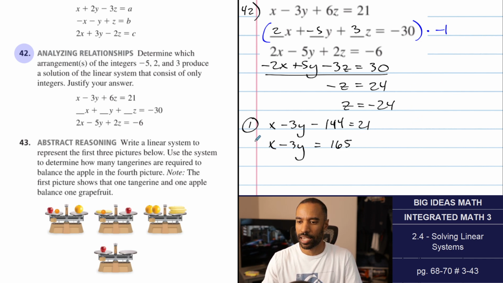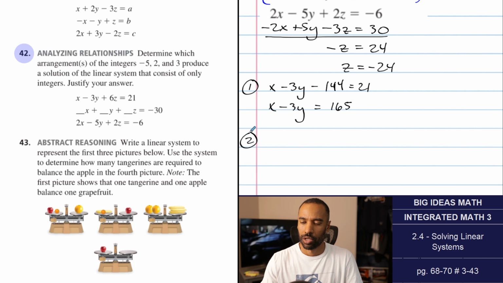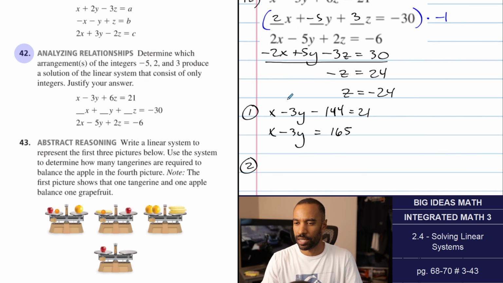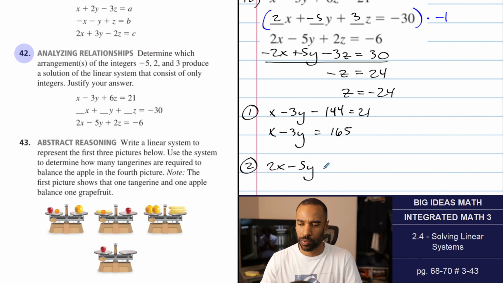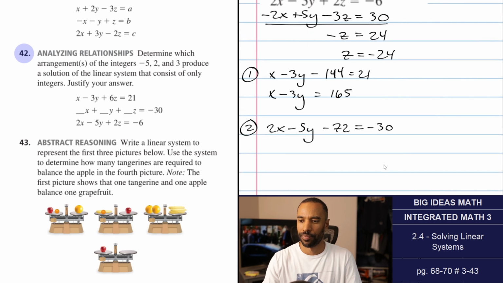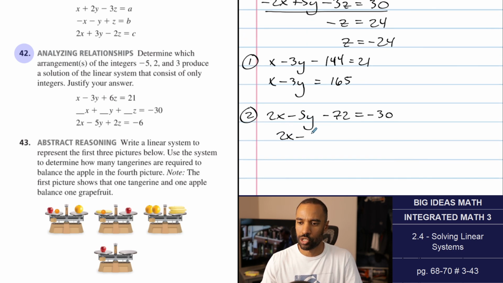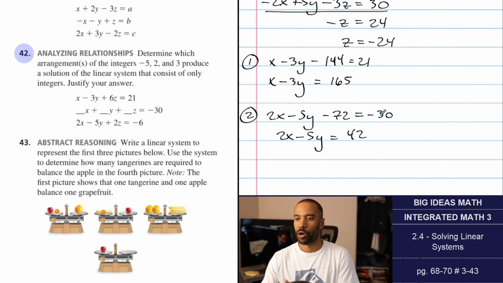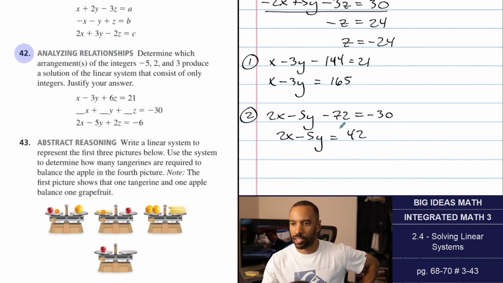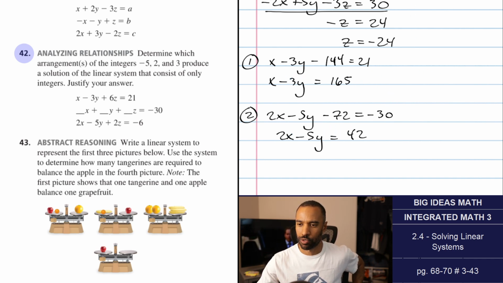And then in the second equation, we can substitute in here. That's 2x minus 5y plus 3z, so minus 72 equals -30. Add 72 over, you get 2x minus 5y equals 42. So x minus 3y is 165, 2x minus 5y equals 42.